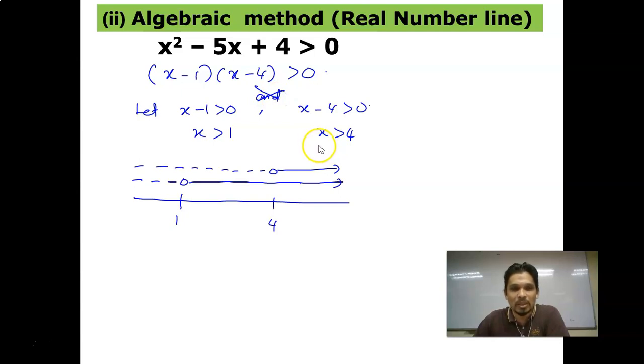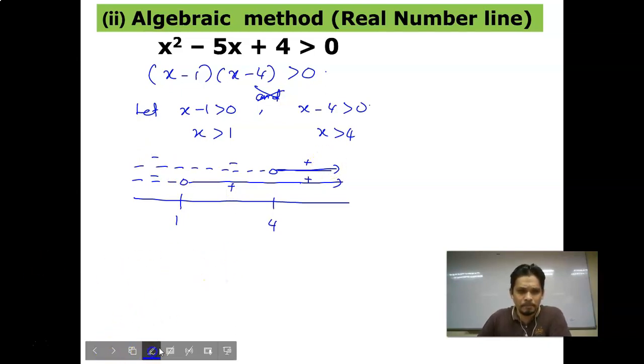Okay, so what we are going to do right now is play with the sign of positive and negative. With this line, we assume that it's positive. We also take this one as positive, negative, positive, negative, negative. I'll explain why we play with positive and negative signs here.